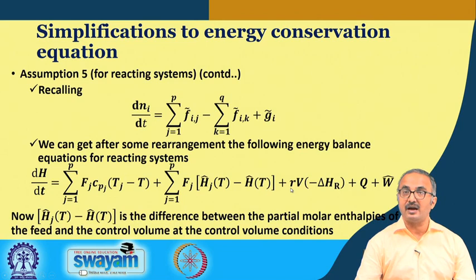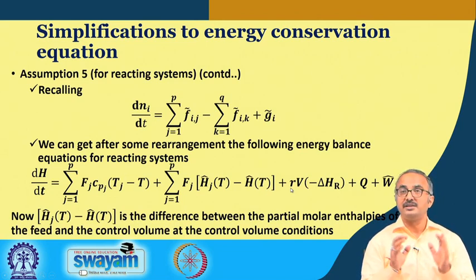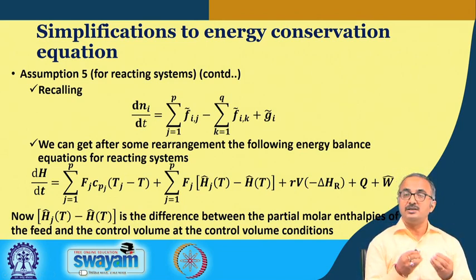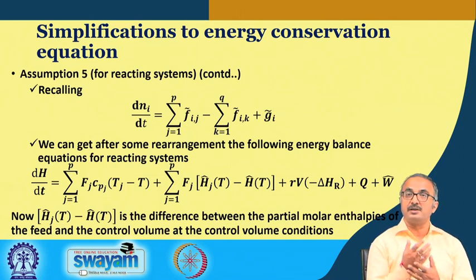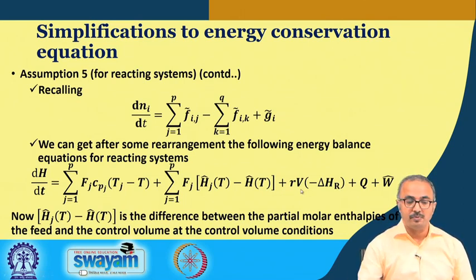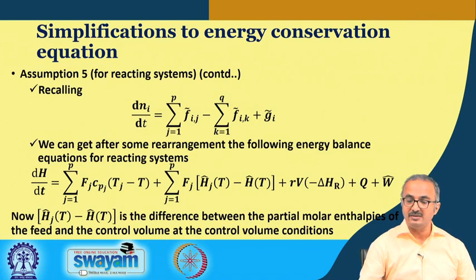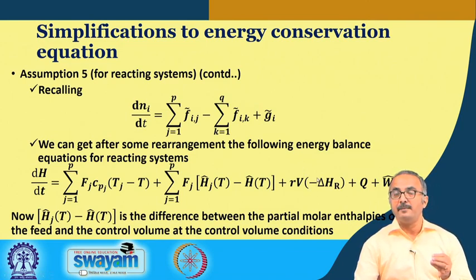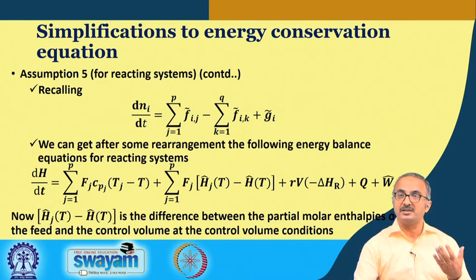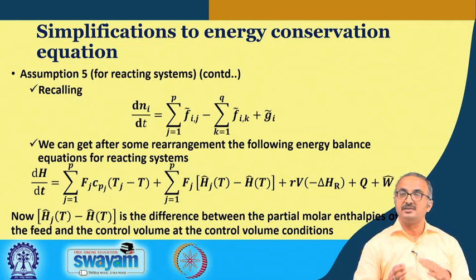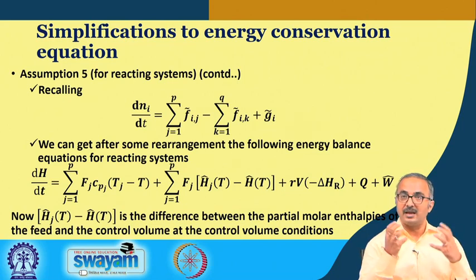Here the reaction rate R is the rate of change of moles of a species per unit volume. So, we multiply this with the total volume to get the total change due to reaction, and you know that any reaction may be associated with some heat of reaction, and that heat of reaction will decide whether the system is exothermic, that is liberating heat, or endothermic, that is absorbing heat.